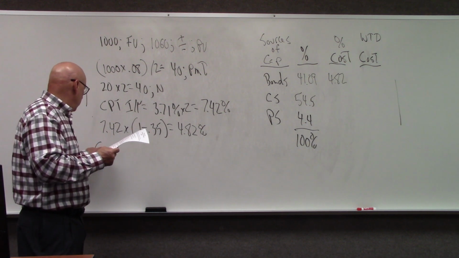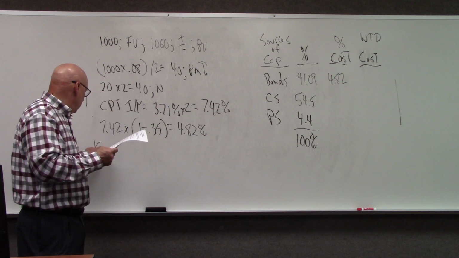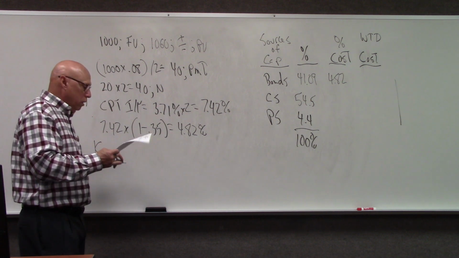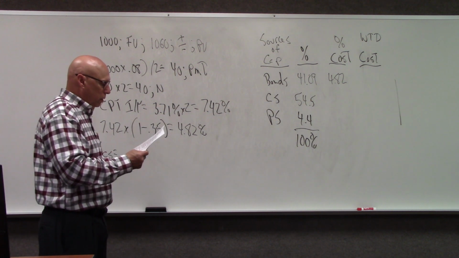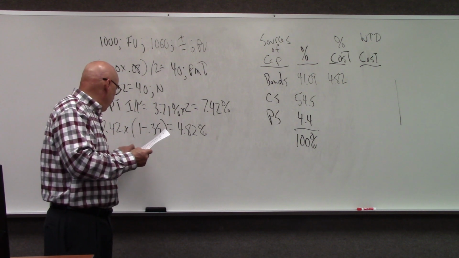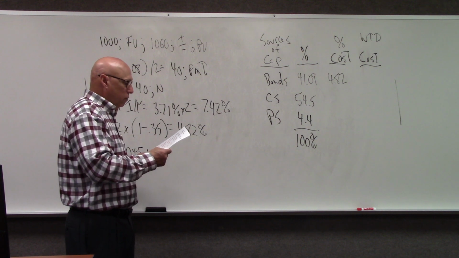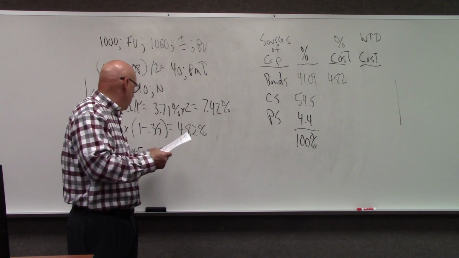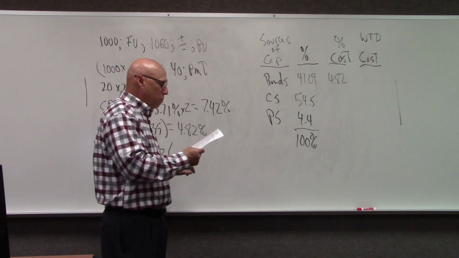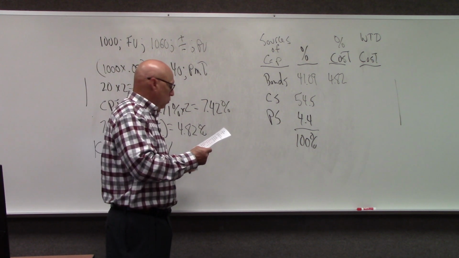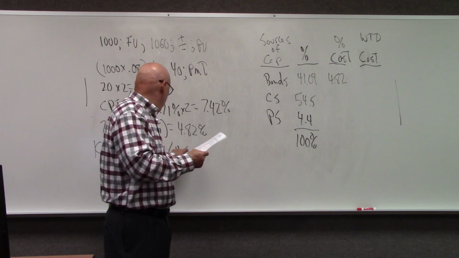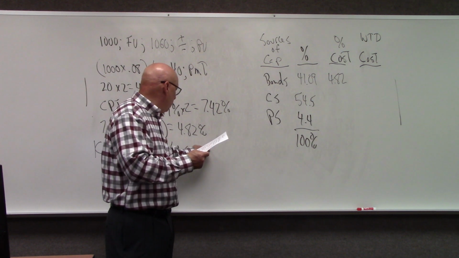Cost of common stock is equal to the risk-free rate, 0.045, plus beta of 1.2 times the expected return for the market, which is 11.5 minus 0.045.